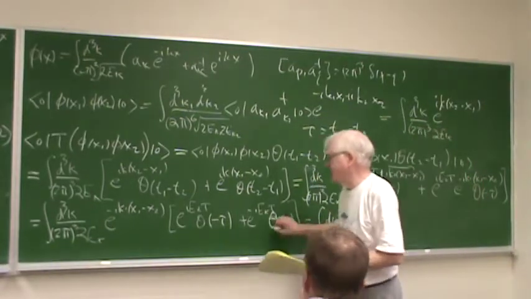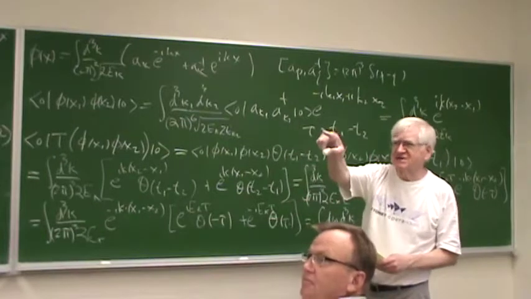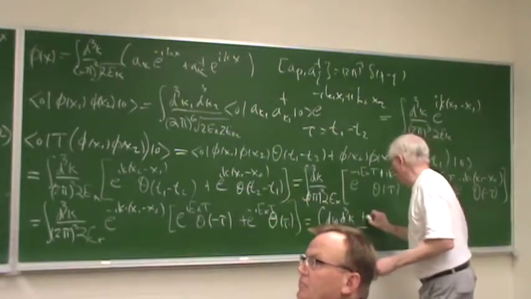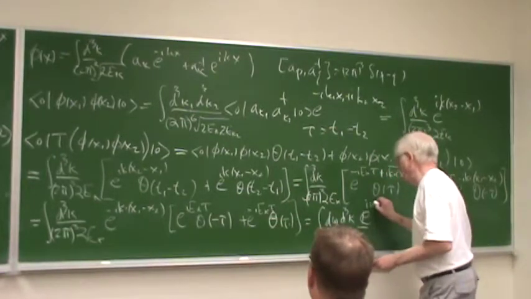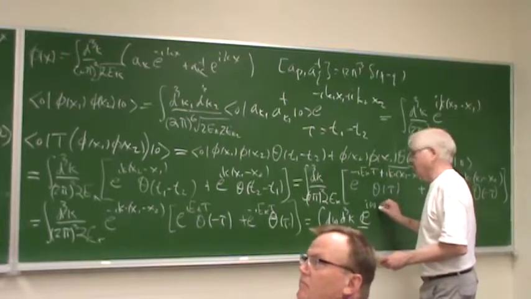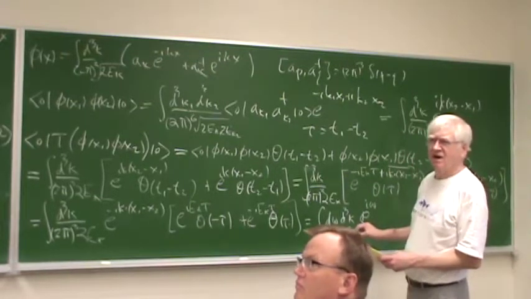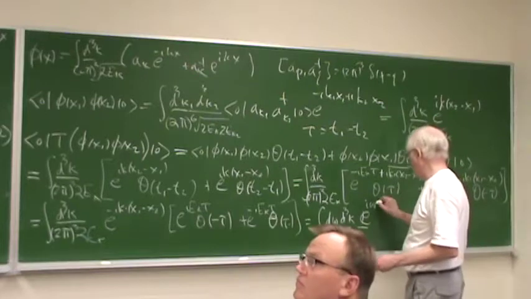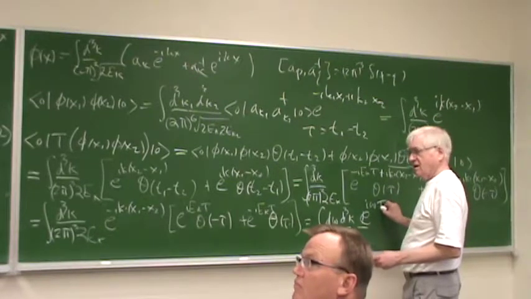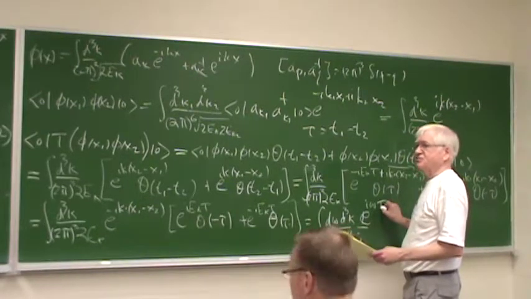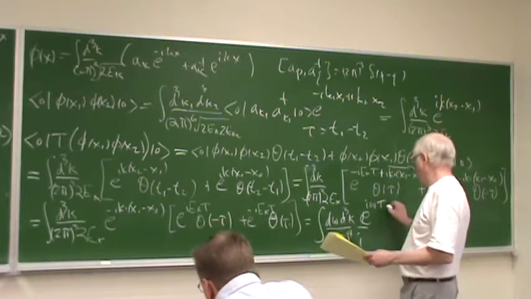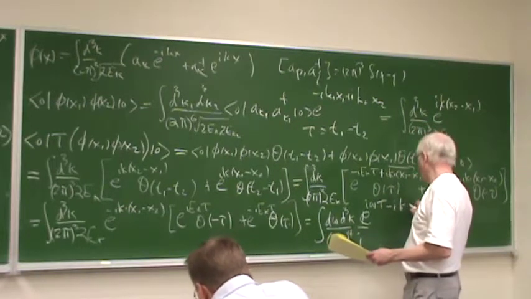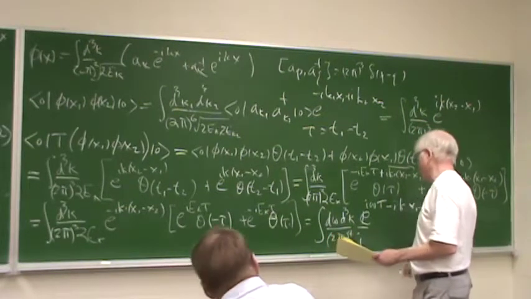Because this thing here was, you see, this e to the i omega t. So this is an e to the i omega tau, wasn't it? That's right, e to the i omega tau minus i k dot x1 minus x2.